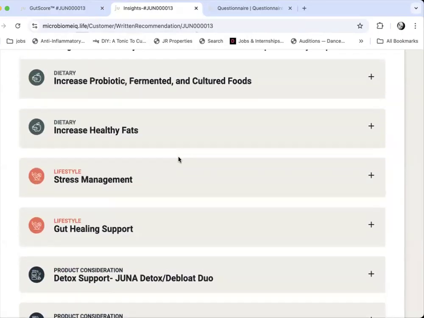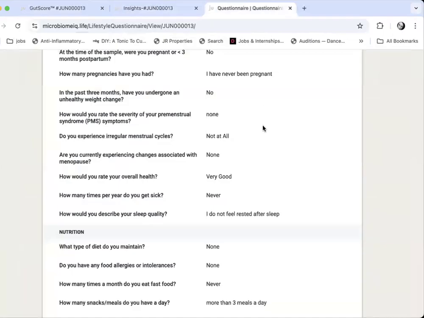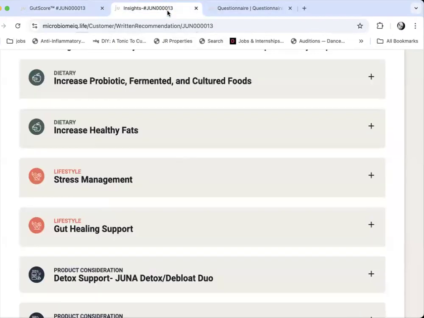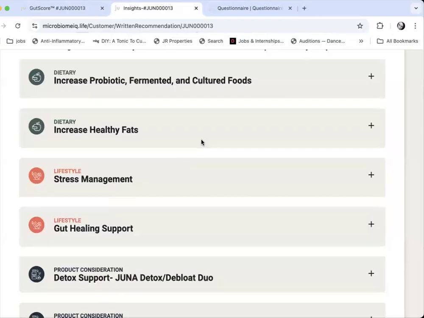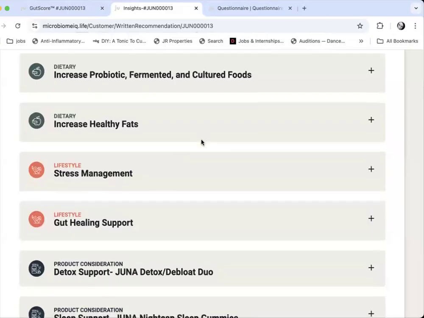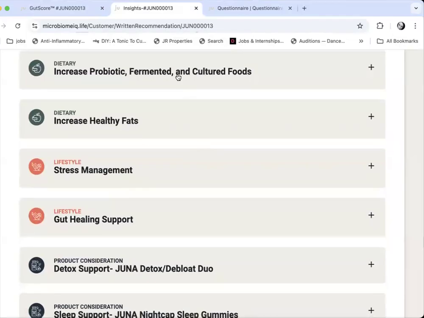But of course, keep in mind, we're operating not being able to speak to them, only being able to go off of what we see in the gut report and what we have from the lifestyle questionnaire. So use your clinical judgment. This is meant to be a guide, and we do the best we can, but sometimes you may find there are interventions that might be more helpful for the person you're talking to.